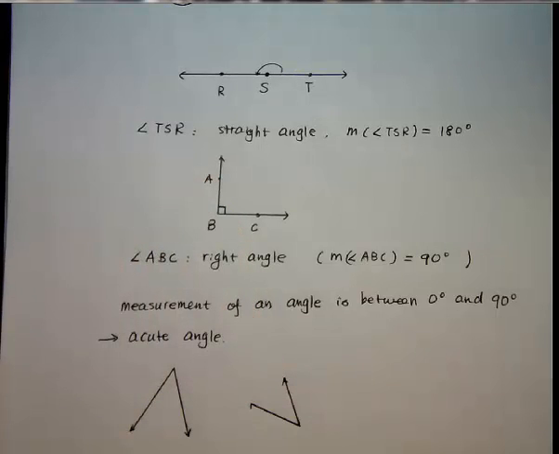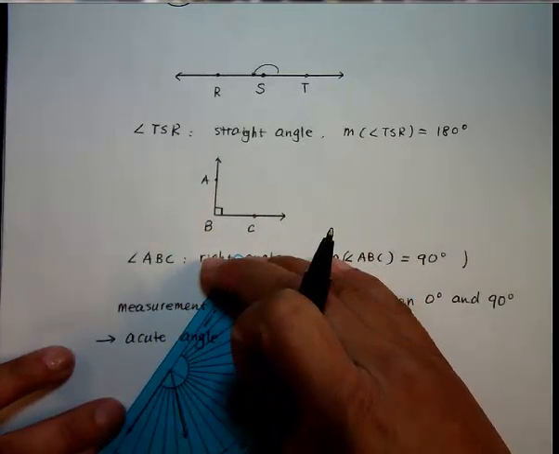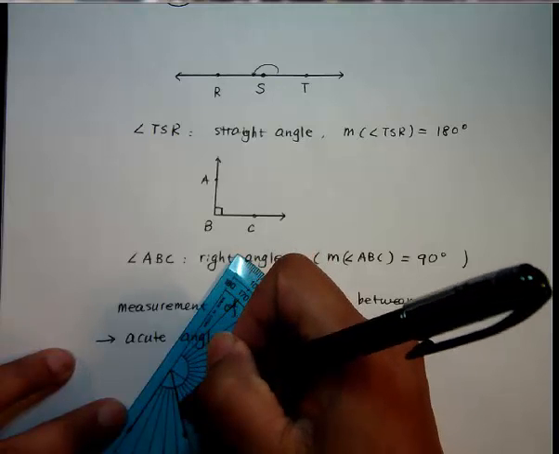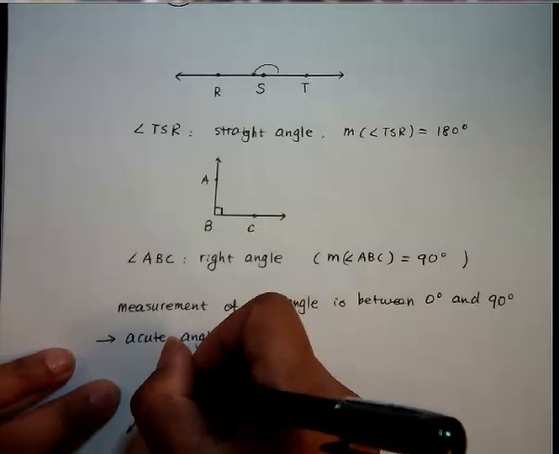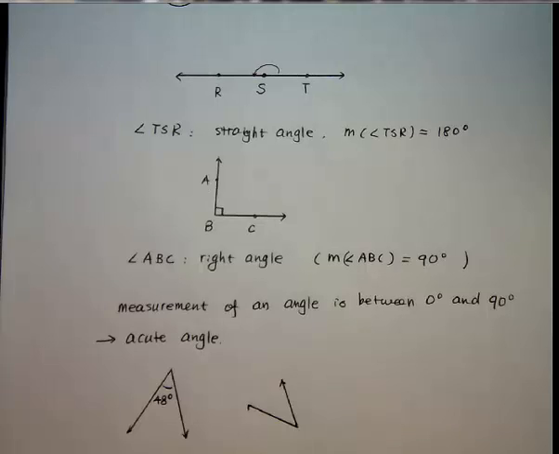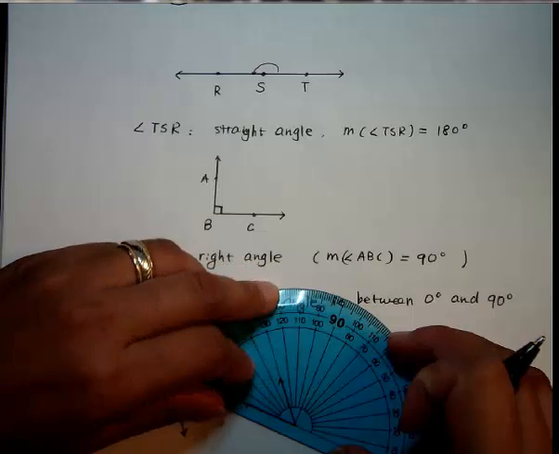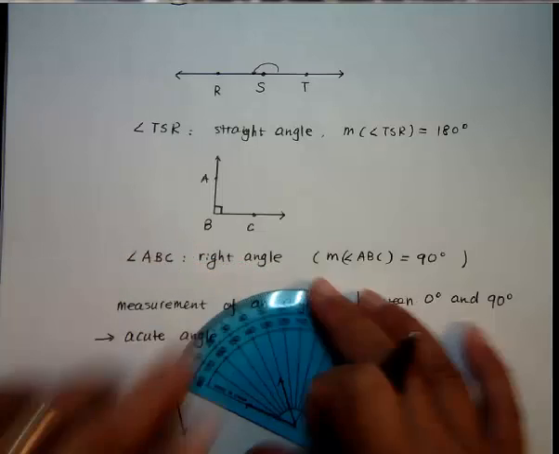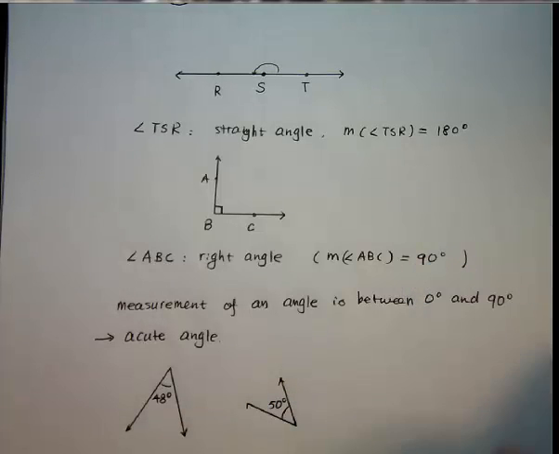Those are acute angles. If you're curious about the measurement of the angle, we can measure it. Overlap this with the vertex and measure along this side. That's 48 degrees. For instance, what's the measurement of this one? That's exactly 50 degrees right here. So those are acute angles.